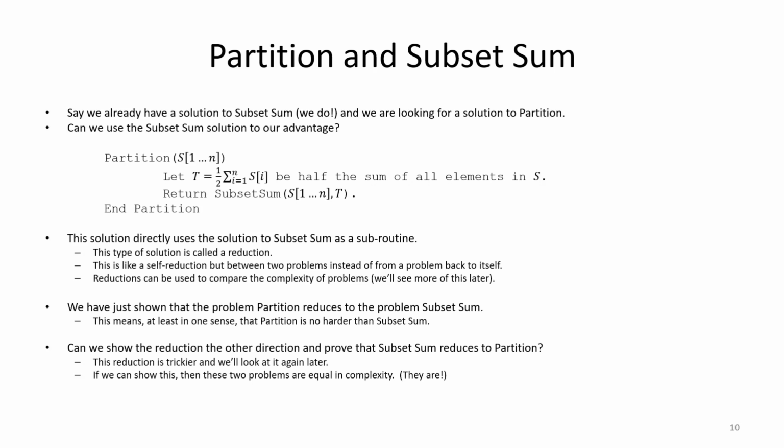Then we could take that and plug it right in here, and all of a sudden partition's runtime becomes n to the 4th as well. And so this is what we mean when we say that partition is no harder than subset sum. As simple as we can make subset sum, any genius improvements we can make on subset sum in the future also become genius improvements on partition. So we don't need to solve this problem twice.